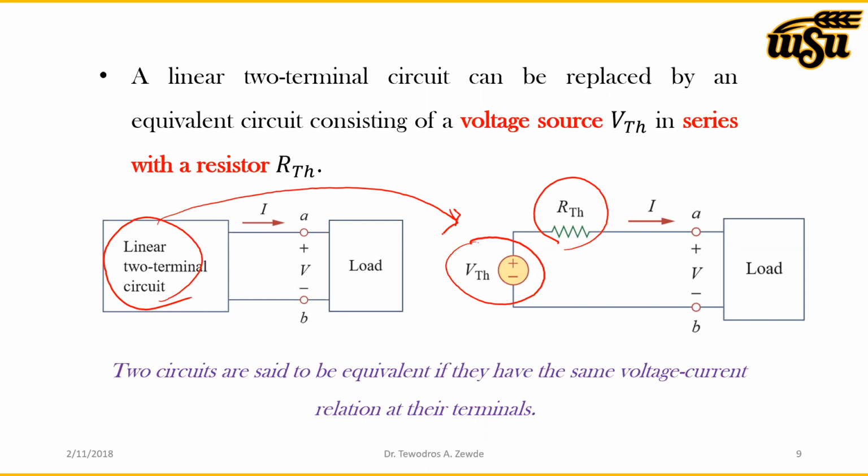Now that independent voltage source is the Thevenin voltage, or the open circuit voltage between A and B, and this resistor, RTH, is the Thevenin equivalent resistance of the network across terminals A and B. So once we calculate VTH, the Thevenin equivalent voltage, and the Thevenin equivalent resistance of the circuit, everything is replaced with these two.